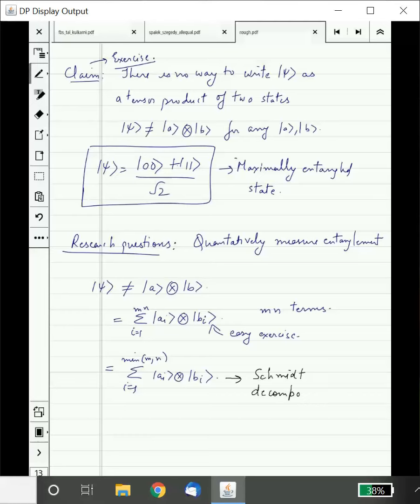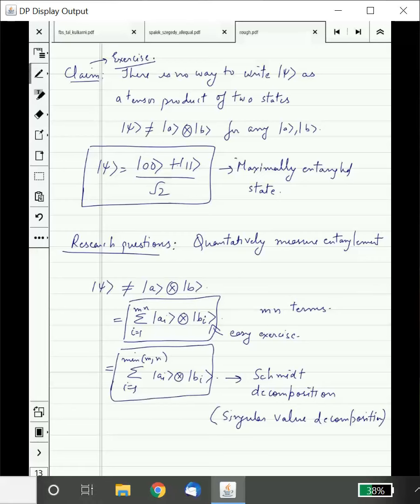Another name for it is singular value decomposition. I will not go into detail of this. Feel free to look at this by yourself, but this is a very, very interesting decomposition. Trivially, it seems that we need mn terms like this to write psi, but even this much suffices. Thank you.